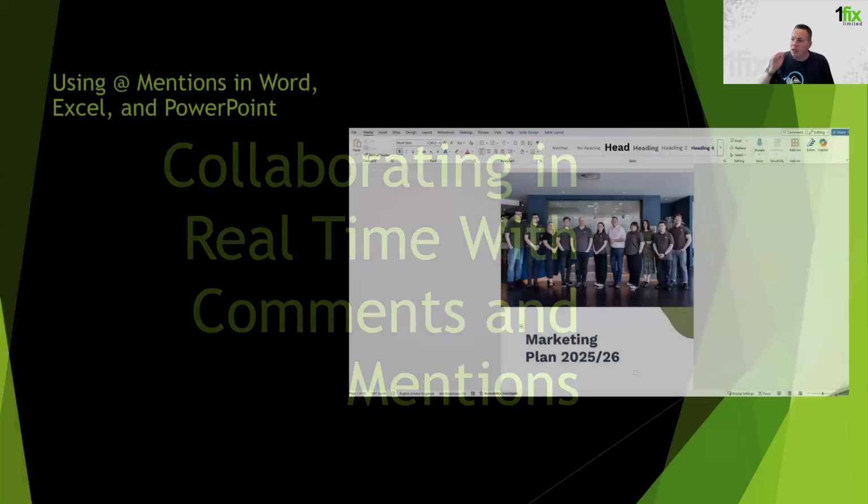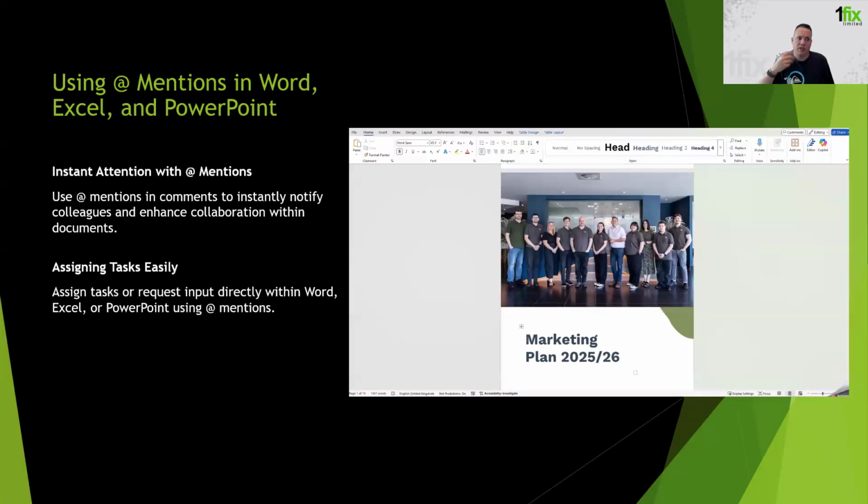So one of the really useful functions within Word, Excel, PowerPoint is the ability to do what's called an @ mention. You might have done this already in emails. So again, in Outlook, when you're typing an email, if you type the @ symbol in the middle of an email, it will let you pick someone from your list of people and it will put them in the To field and mention them in the email.